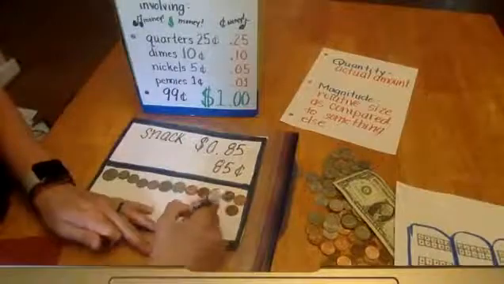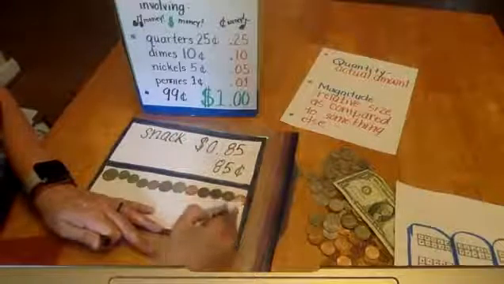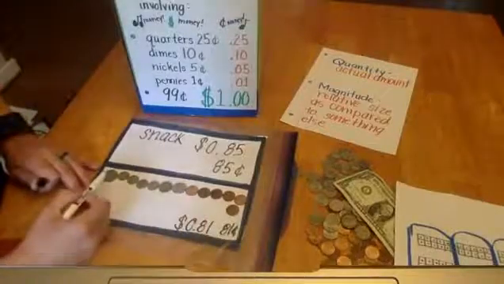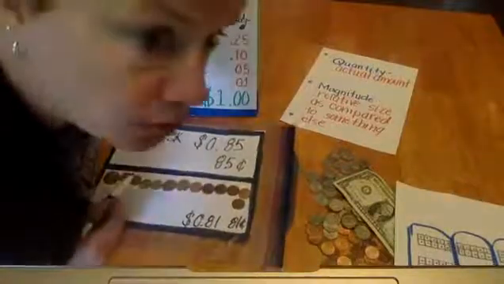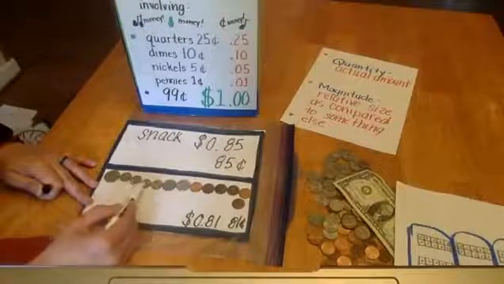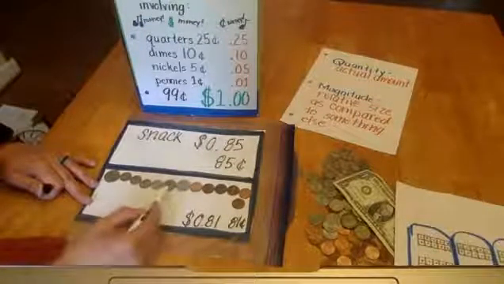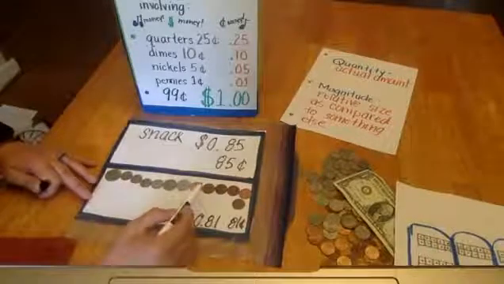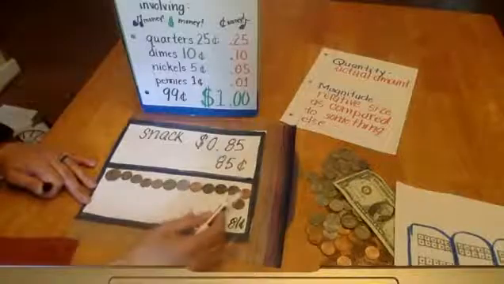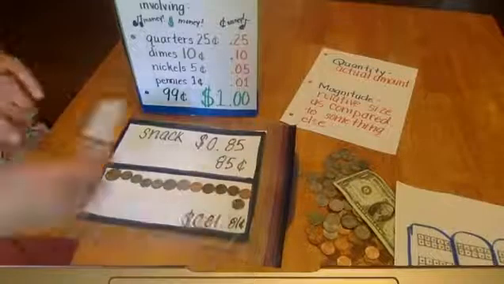So Miss Street's going to write that down real quick. 81 cents, or we can write it this way. I'm going to double check because sometimes Miss Street makes bloopers. 25, 35, 45, 55, 65, 70, 75, 76, 77, 78, 79, 80, 81.